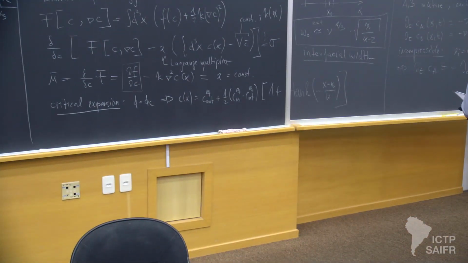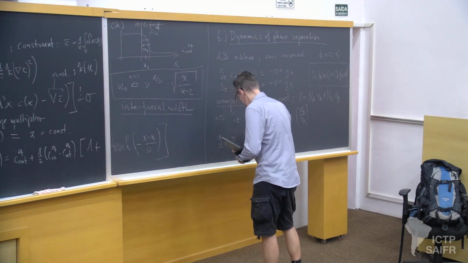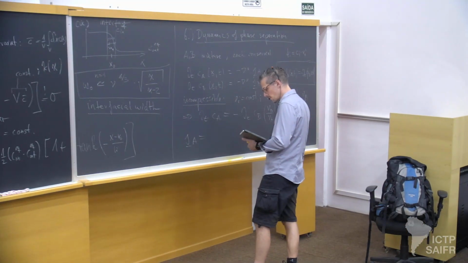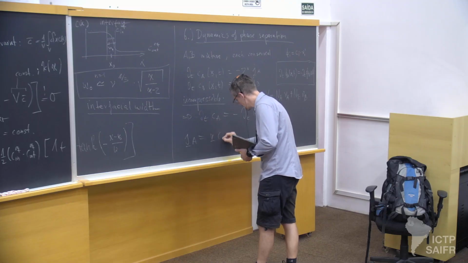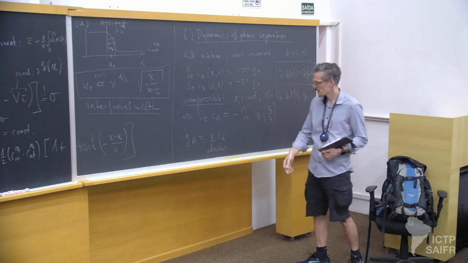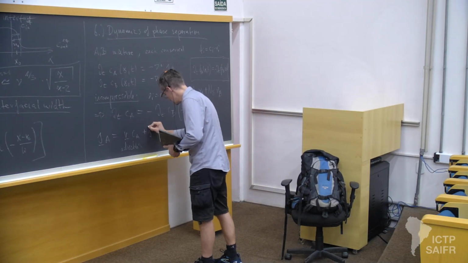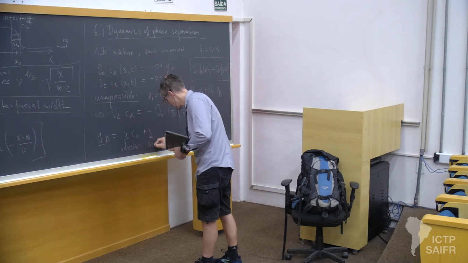Good. So, time to write now the flux. The flux can have two contributions. One is simply advection by some velocity field, say hydrodynamic flow, for example. And we define here the exchange current.